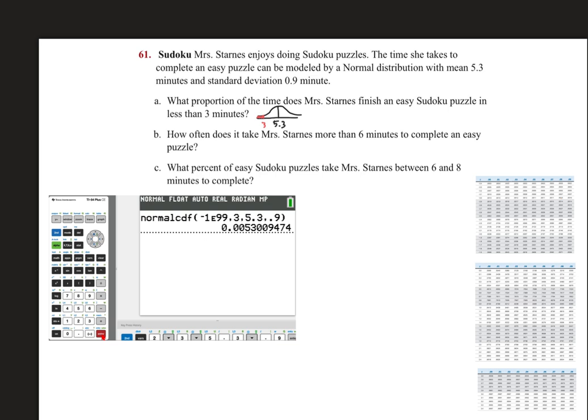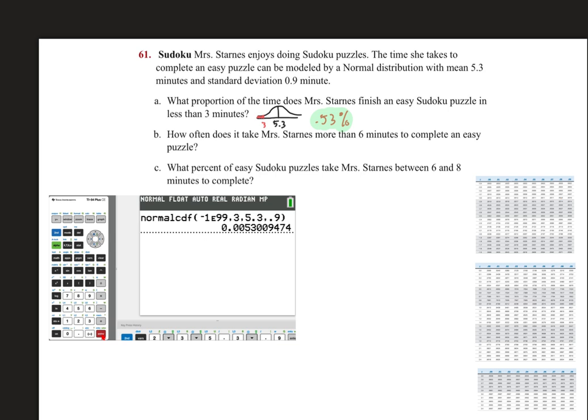Okay, so yeah, pretty small. That's 0.0053, so 0.53%. So it's pretty rare that she finishes a Sudoku puzzle in less than 3 minutes.